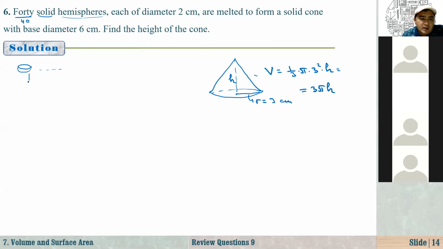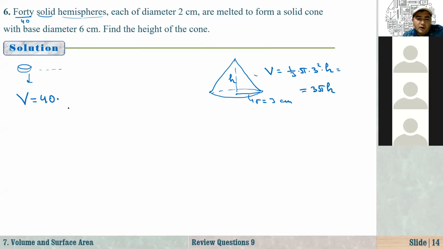On the other hand, how about all of this together? When you melt this and find its volume, we have 40 such hemispheres. The volume of one hemisphere is 1/2 times 4/3 times pi times r cubed, right? The diameter is 2 centimeters, so the radius is 1 centimeter, and we have 1 cubed.